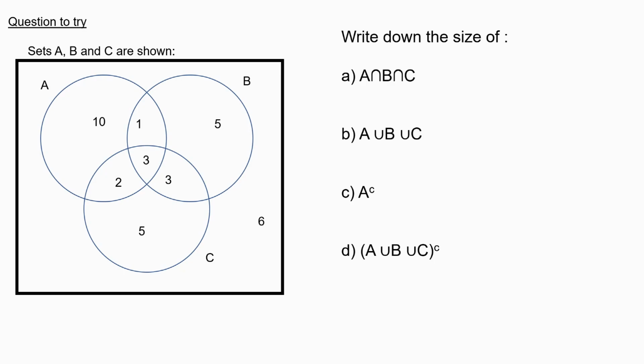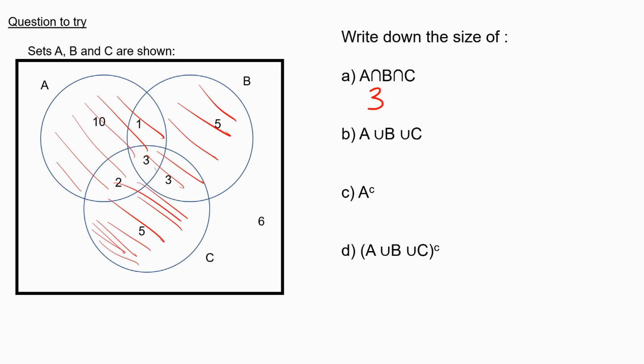Here are the answers. Firstly, A intersect B intersect C. That's everyone who is in A and B and C, which is going to be this, so that's 3. The size of A union B union C, that's everyone who is in A or B or C or all three of them.